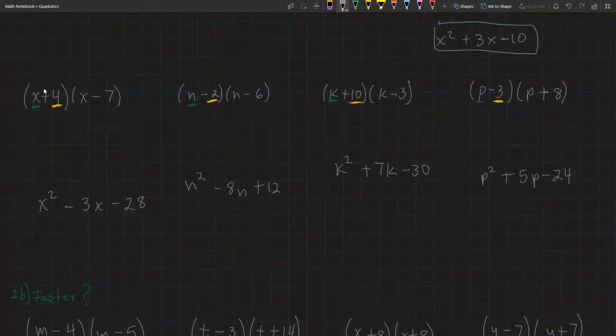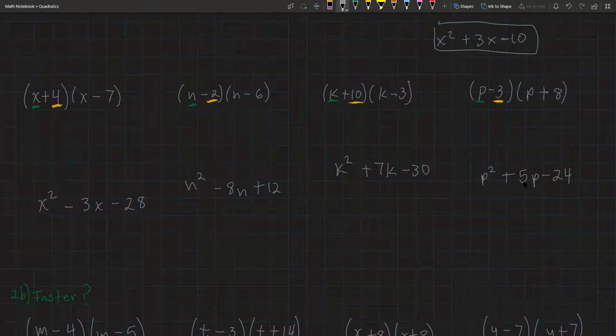What was that? We did the sum, or we combined a negative 7 and a 4 to get a negative 3. What's the sum of negative 2 and negative 6? It is negative 8. You see that? No need to show all that work. What is 10 combined with negative 3? Or 10 minus 3 is positive 7. And what's negative 3 plus 8? Or that sum is 5.